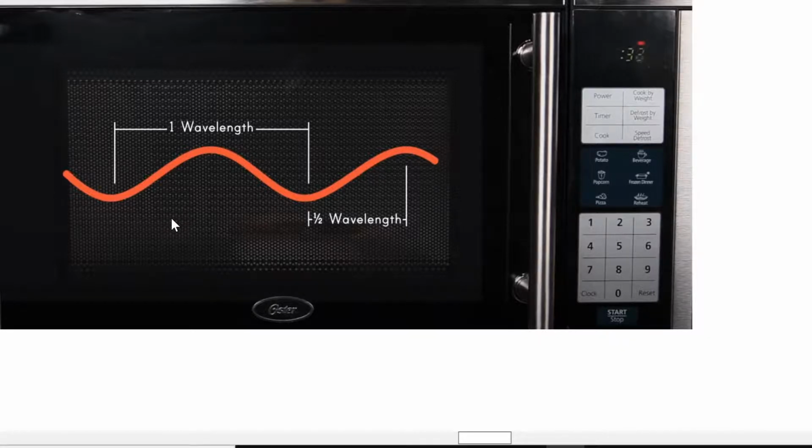To calculate the wavelength, we need to consider the 2 peak points from here to here, and that's considered as one wave. So that's a wavelength.